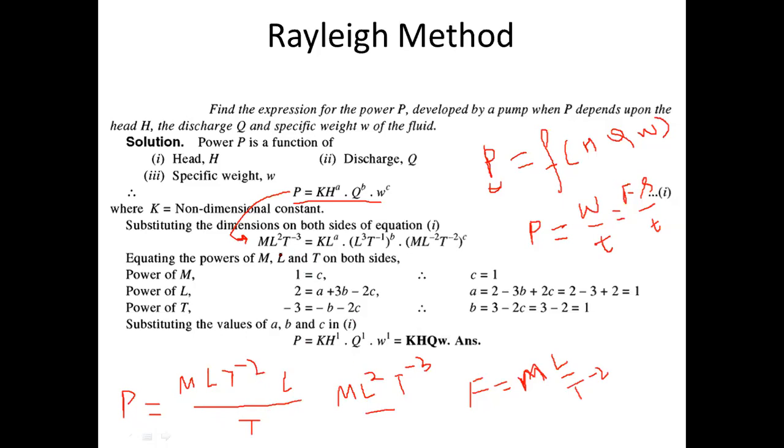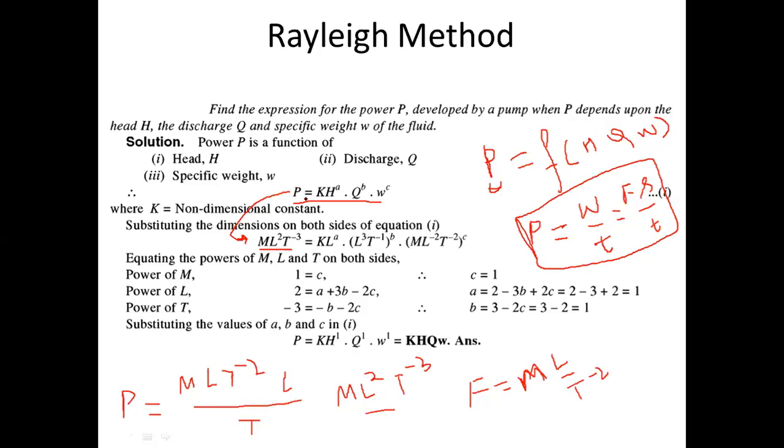So power is M L^2 T^-3. As I told you in the last class also, please practice converting derived dimensions into fundamental dimensions. For converting, you should know the basic definitions. If you know the basic definition of power, you can convert it into fundamental dimensions.